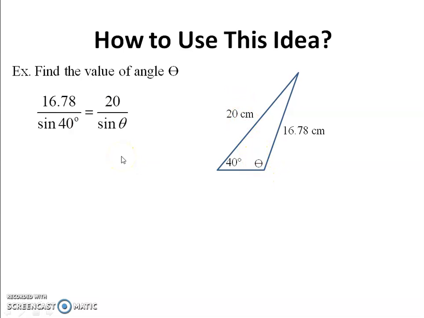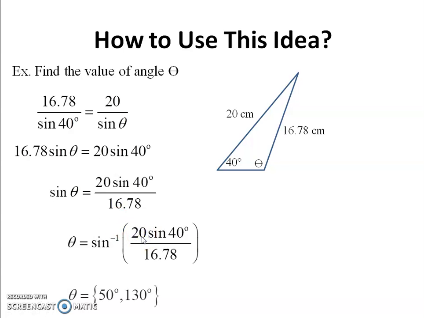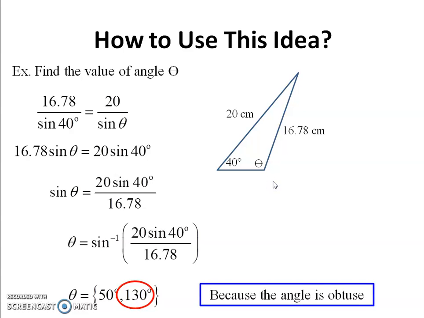It's exactly the same setup, which means that mathematically it will be the same ratio. When I cross multiply, I'll get the same, and when I take the sine inverse, I'll get the same. But again, there are two possible answers. In this case, visually in the diagram, I can tell that this angle is obtuse. It's bigger than 90. So that's one way: I can tell by looking at the diagram.